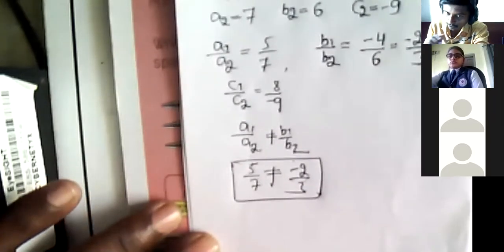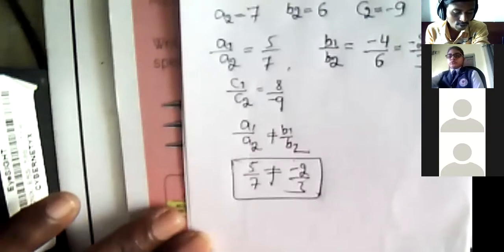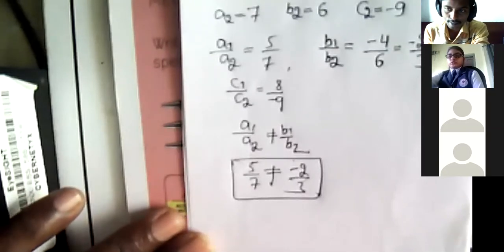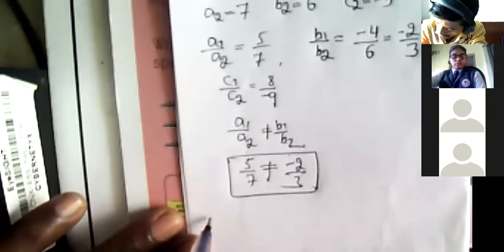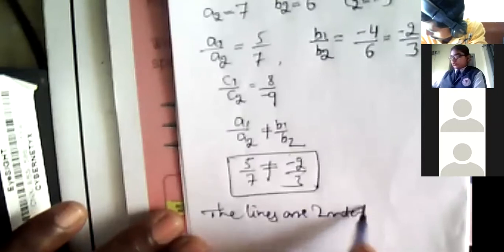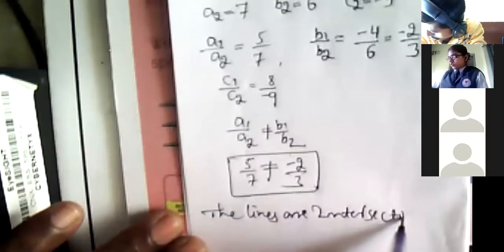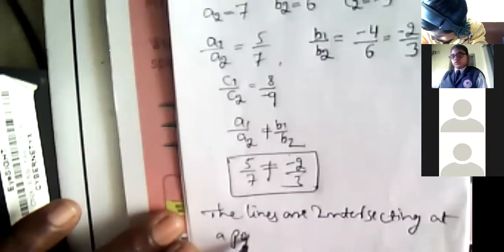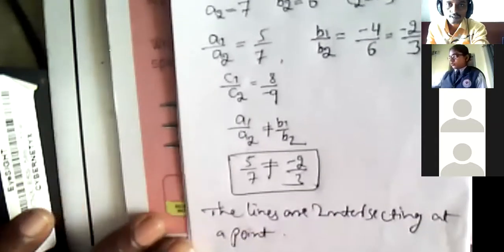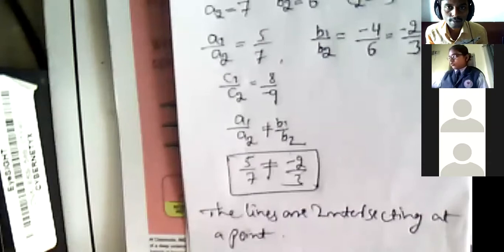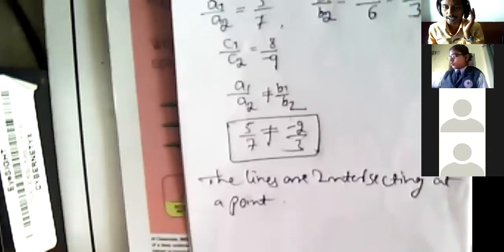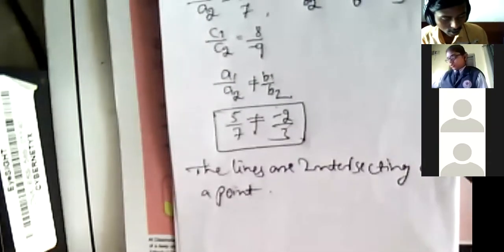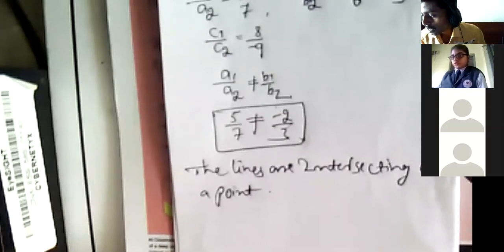Therefore, what is our conclusion? These equations are consistent. It means the lines are intersecting at a point.